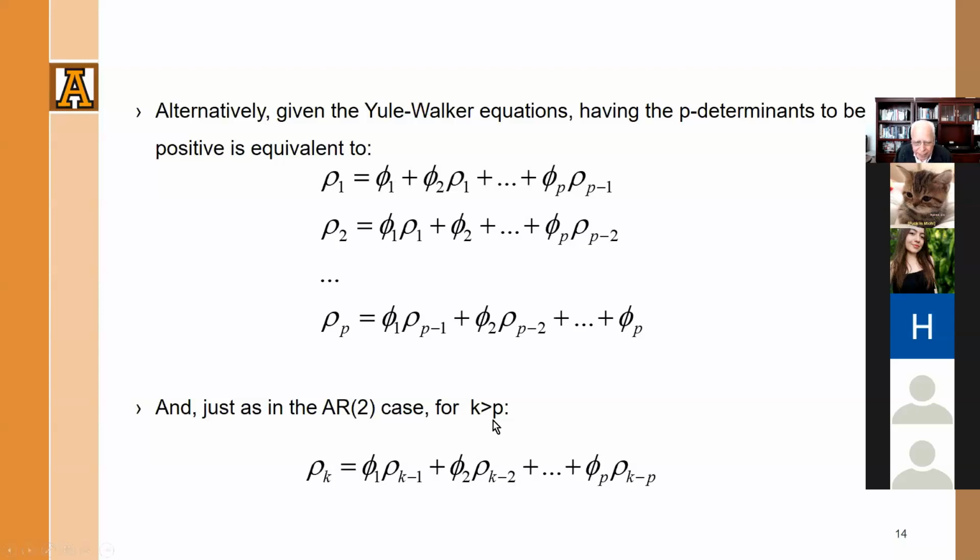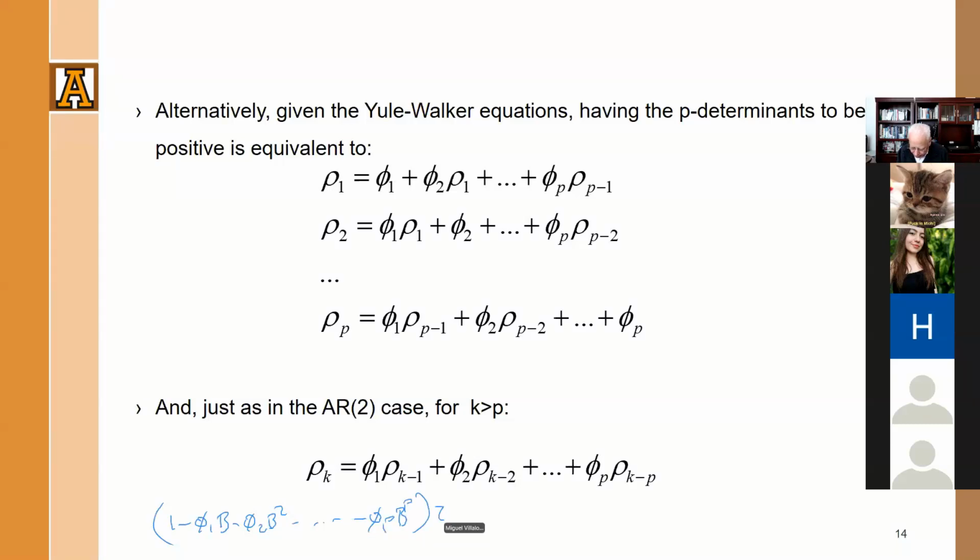For k greater than p, the first p autocorrelations are computed this way. Once k is greater than p, the autocorrelations are determined by the difference equation, by the same backshift operator polynomial that determines the model. Remember, in this case the model was 1 minus phi 1 B minus phi 2 B squared, up to minus phi p B to the p.